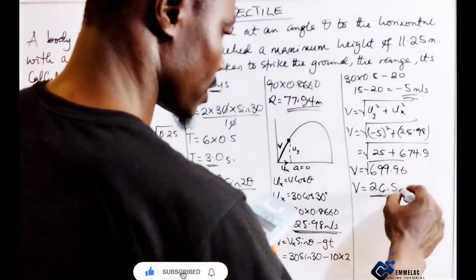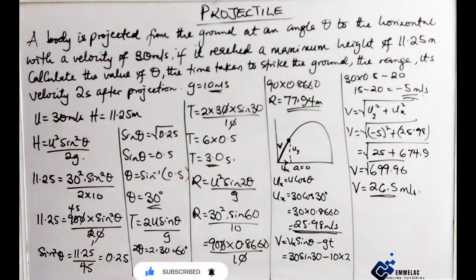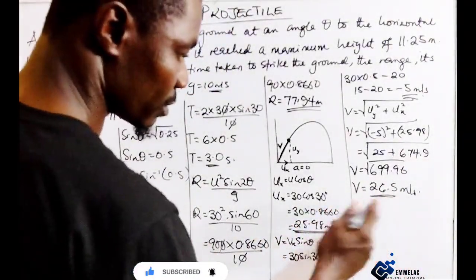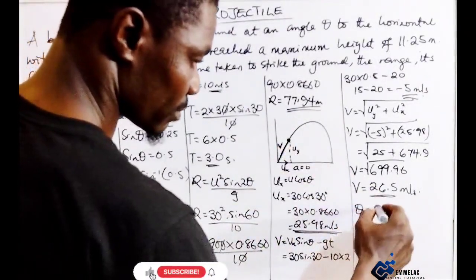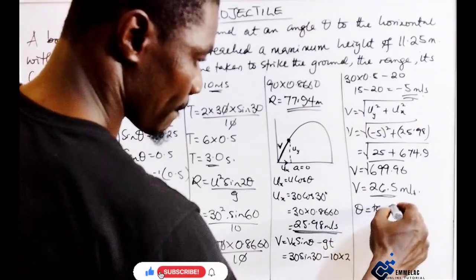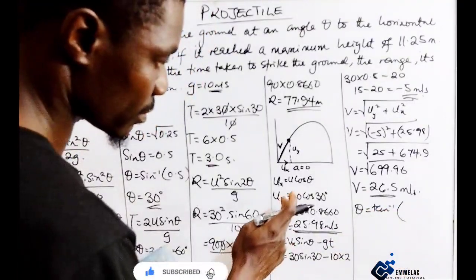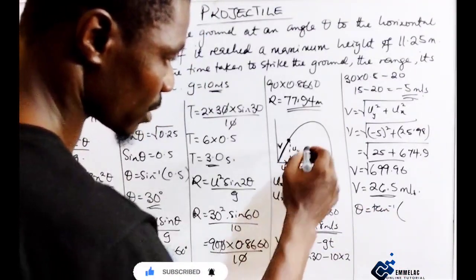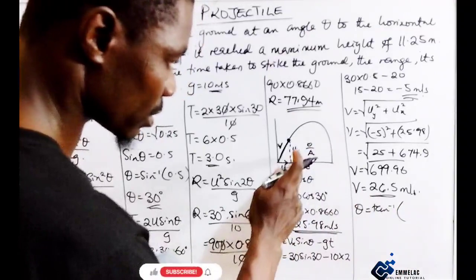We can also look for the angle here. That will be the inverse tangent of the vertical, that is opposite over adjacent.